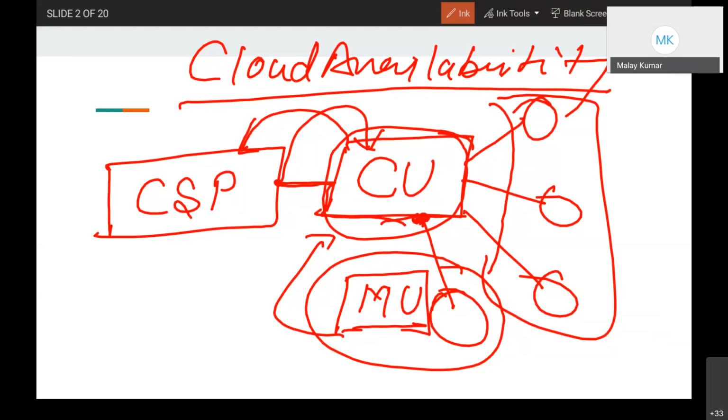In cloud accountability, what happens is, till now we have discussed three security issues: confidentiality, integrity, and availability. When these happen, a service may be hindered, meaning a user is not able to use the service.